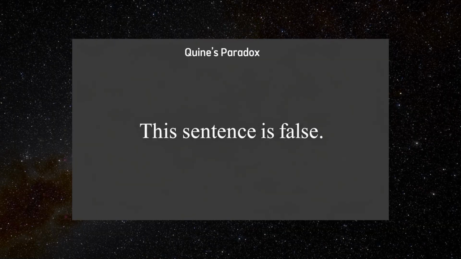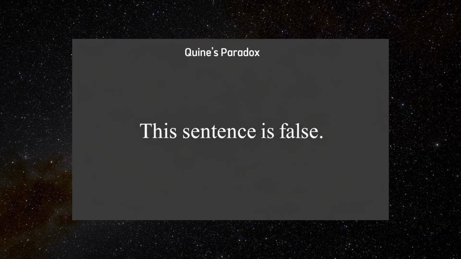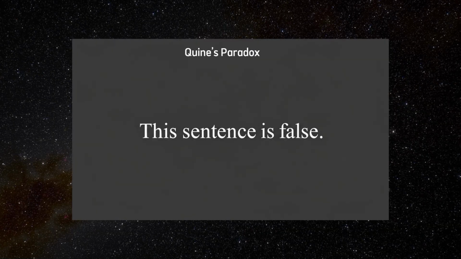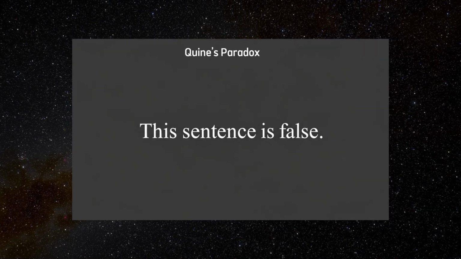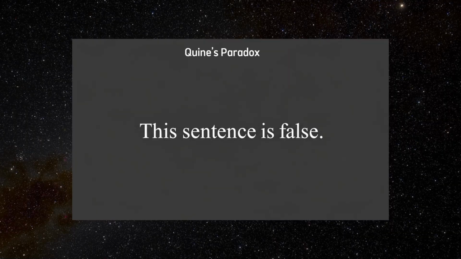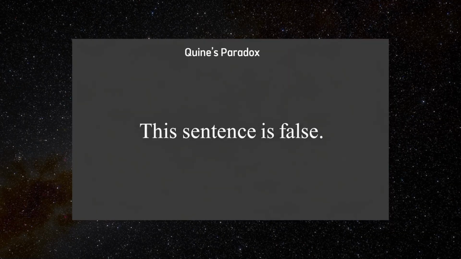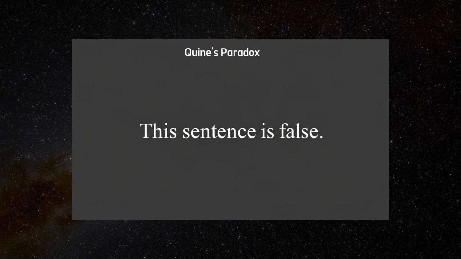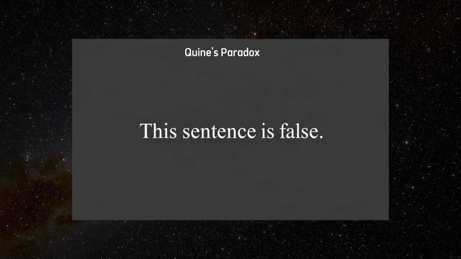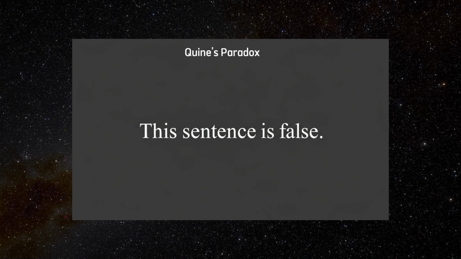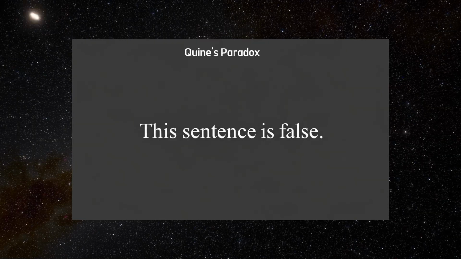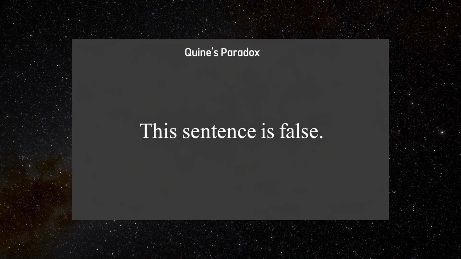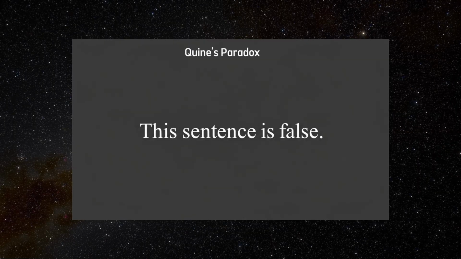Philosophically and logically, Quine's paradox is relevant to discussions of semantic paradoxes, truth theories, and the foundations of logic. It serves as a reminder that even well-formed, grammatically sound statements can lead to deep contradictions when they're allowed to refer, even obliquely, to their own truth status. In conclusion, Quine's paradox is a subtle and elegant twist on the problem of self-reference and truth.